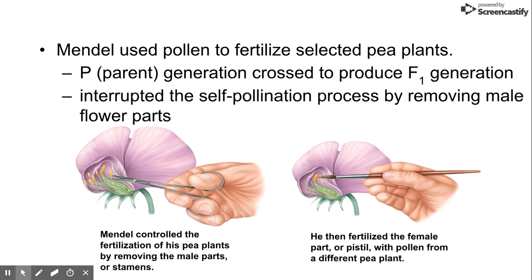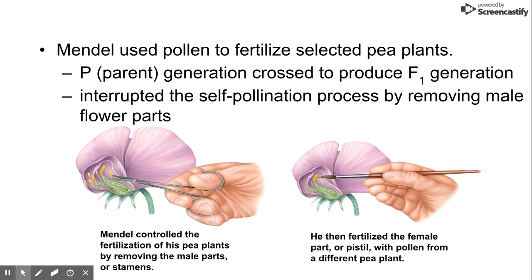He would take the pollen that he desired from a different pea plant and put it on the female part, or the pistil, of the plant he wanted to fertilize. And this is how he controlled reproduction.